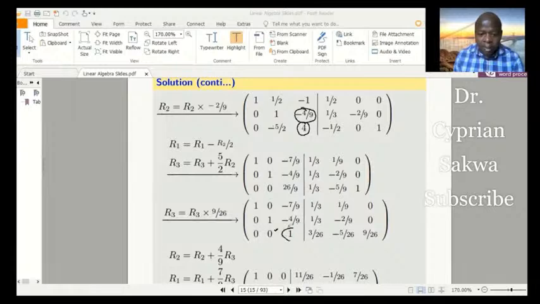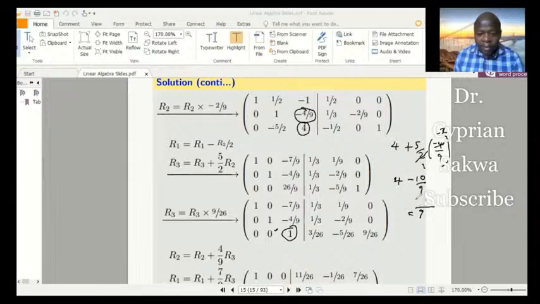You can just work out that one, because this is 4 plus 5 over 2 of negative 4 over 9. And you see that 2 goes into this negative 2 times. So what we have will be 4 minus 10 over 9. And the LCM is 9.